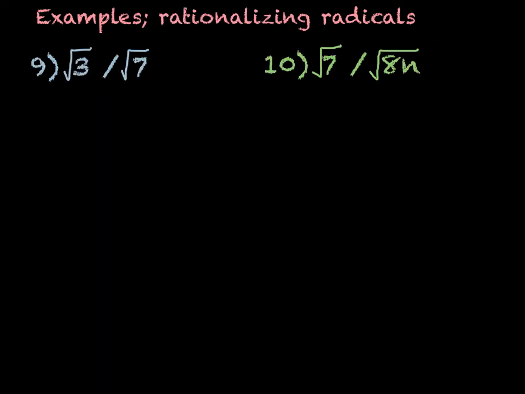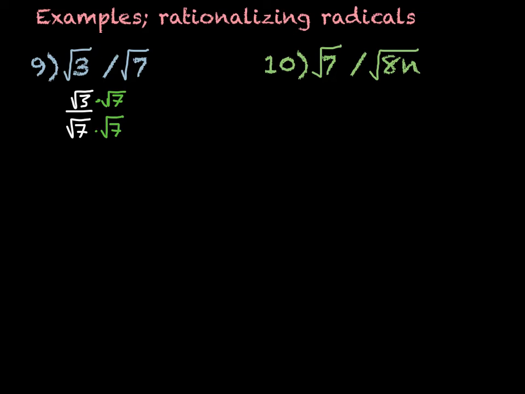And the last set of problems we're going to do is what's called rationalizing the denominator. So if we have the square root of 3 over the square root of 7, if we want to rationalize this denominator, we have to multiply by the square root of whatever your denominator is. So it's the square root of 7.